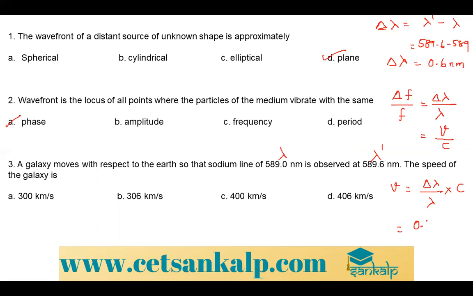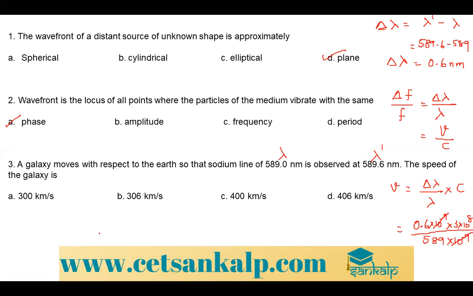So 0.6 into 10 to the power minus 9 into 3 into 10 to the power 8, whole divided by 589 into 10 to the power minus 9. The 10 to the power minus 9 cancel.